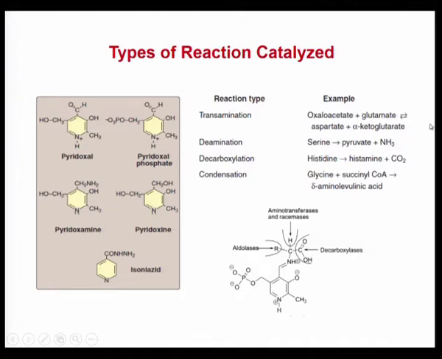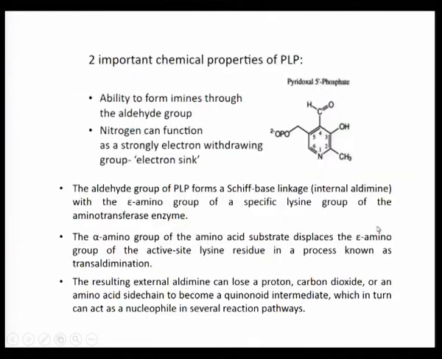In deamination, you remove the amino group, and in decarboxylation, you remove the carboxyl group present in the carboxylic acid, in the form of carbon dioxide. And in condensation, you basically bridge two different compounds by letting out a water. So these are the reactions catalyzed by a variety of enzymes, and all these enzymes use PLP as a cofactor.